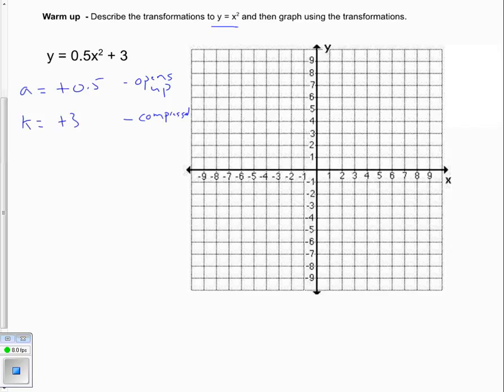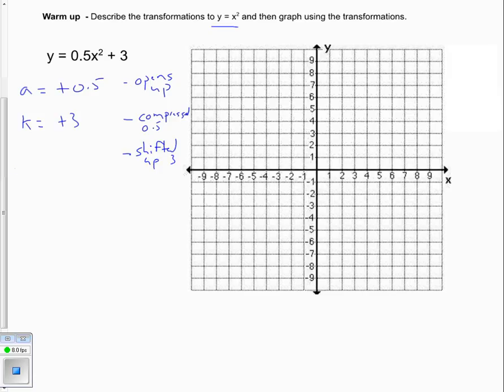So it's compressed by 0.5. And because the k value is positive 3, it's shifted up 3 units.